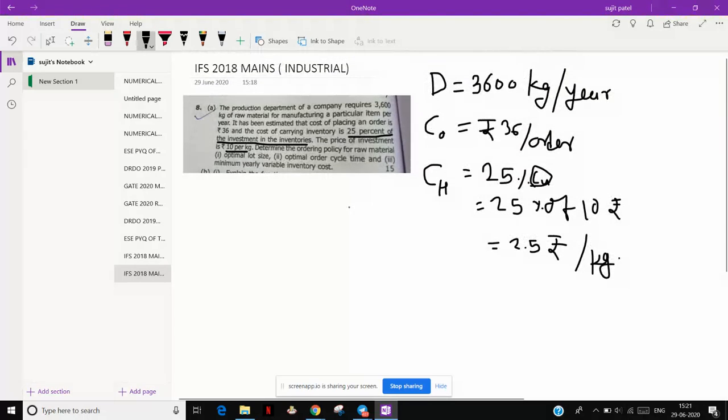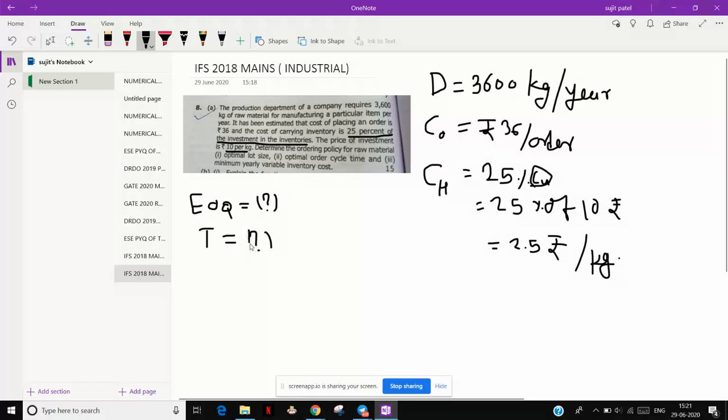What they have asked is to find the optimal lot size, that means the economic order quantity. The second is the optimum order cycle time, which means the time between two consecutive orders. I'm taking it as t.